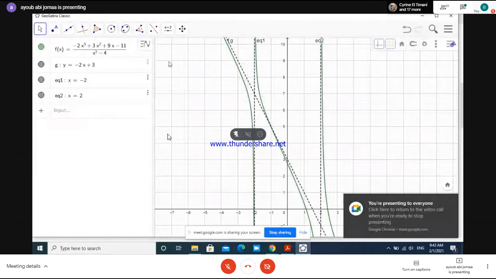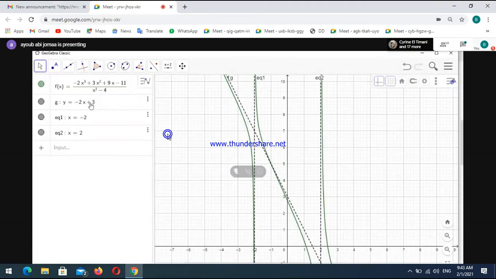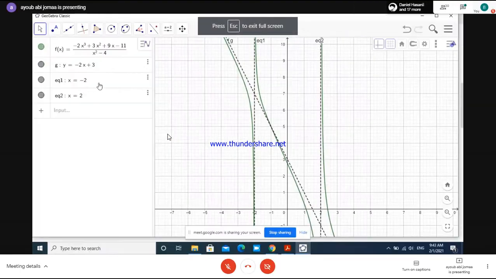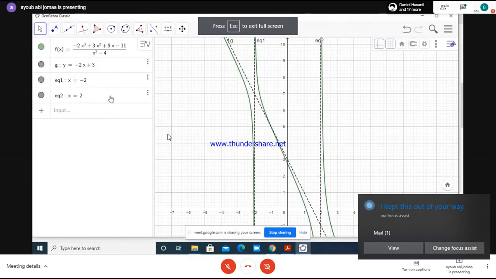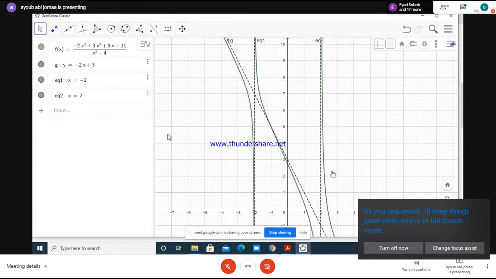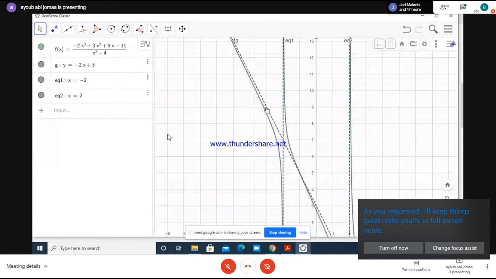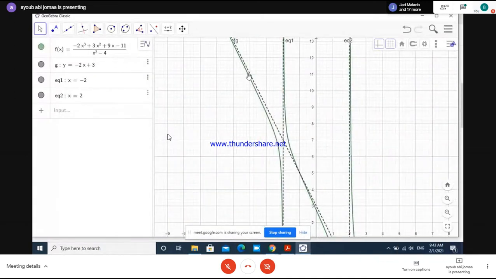Y equal negative 2x plus 3, here I wrote the function and the line y equal negative 2x plus 3. By the way, we have two vertical asymptotes, which are x equal negative 2 and x equal positive 2. As you can see, this line is an oblique asymptote.